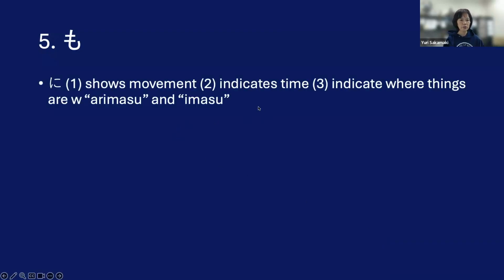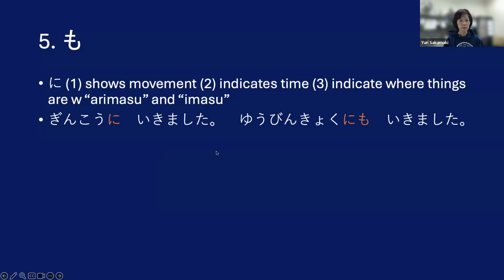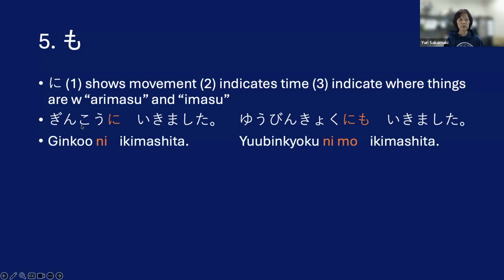And ni shows movement and also indicates time and indicates where things are with arimasu and imasu. So we do that. This one is 2. 銀行に行きました。郵便局にも行きました。So which 2 places did you go? I went to the bank. I also went to the post office.